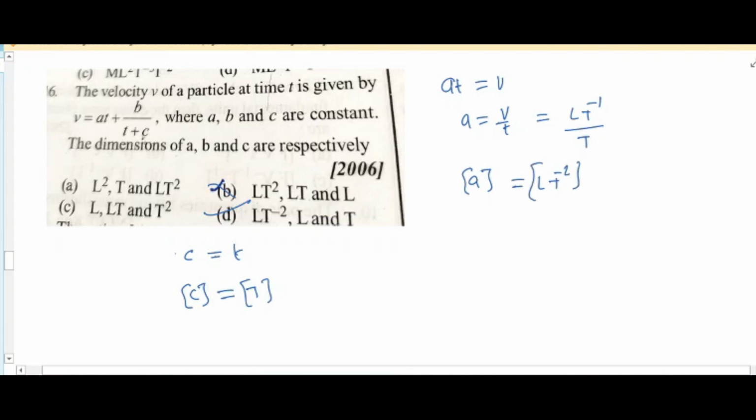And this b by t is nothing but velocity. Therefore, b is equal to v into t. Therefore, the dimensional formula is L T to the power of minus 1 into T. This becomes L. Therefore, the dimensional formula for A is L T to the power of minus 2, B is L. Therefore, the answer is D.